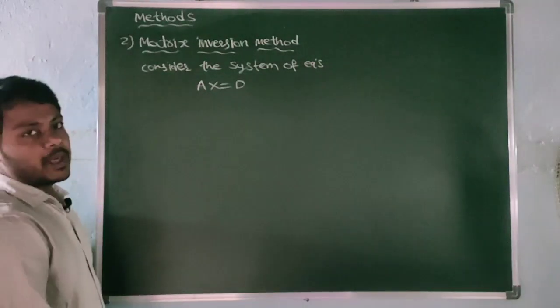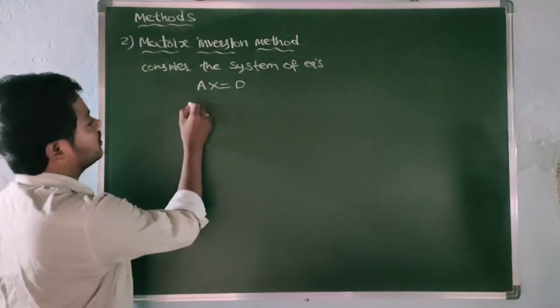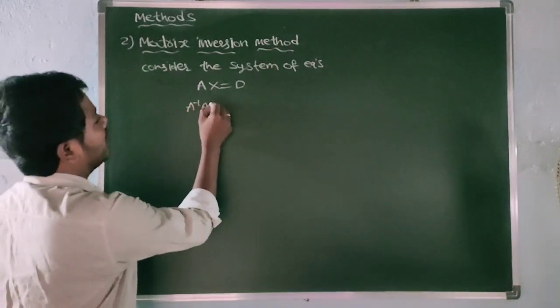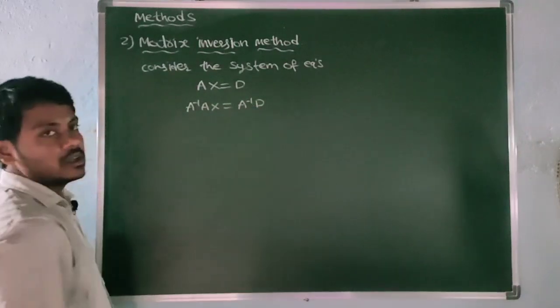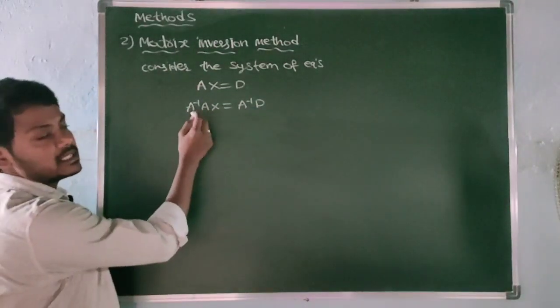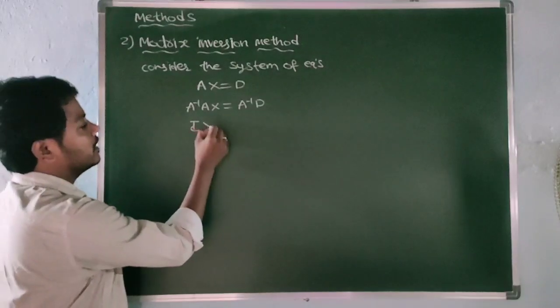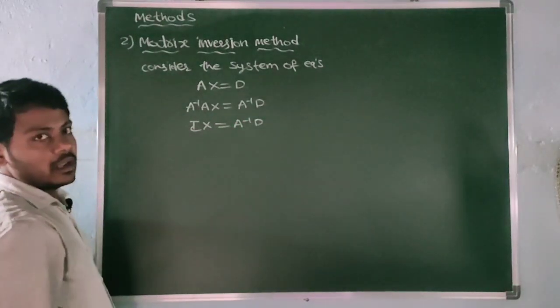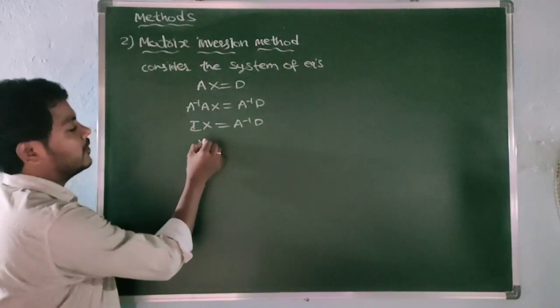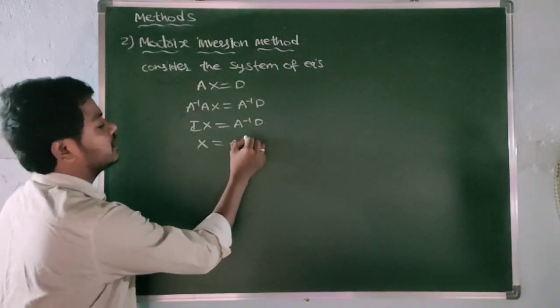Here multiply both sides by A inverse. So that is A inverse into A into X is equal to A inverse into D. So you know that A inverse into A is the identity matrix, into X is equal to A inverse into D. And I into X, again you will get X, that is A inverse into D.